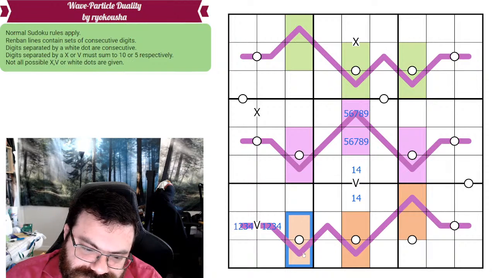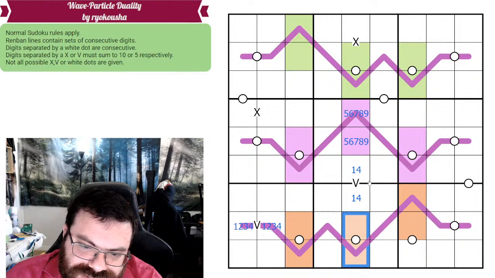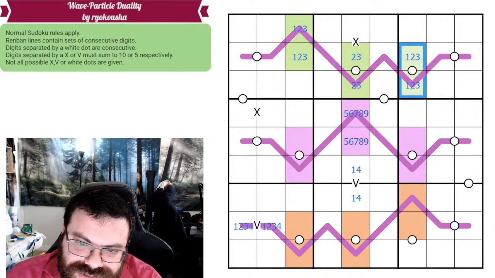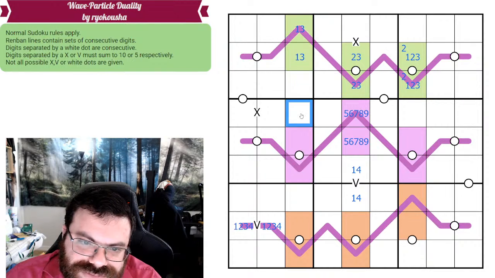If this were... Wait a minute. Okay, orange can't be 2-3. If orange were 2-3, this would have to be 1-2, and that breaks. So this is the 2-3. There's always a 2 here. So this is not 2.